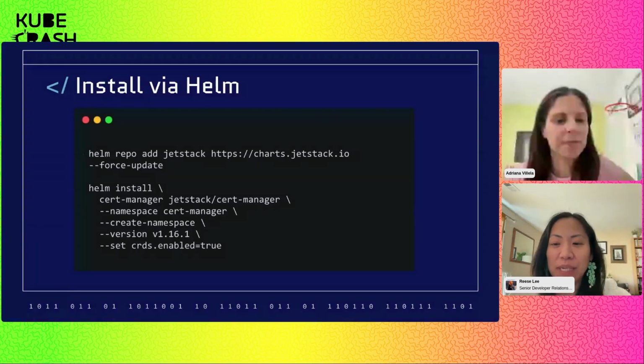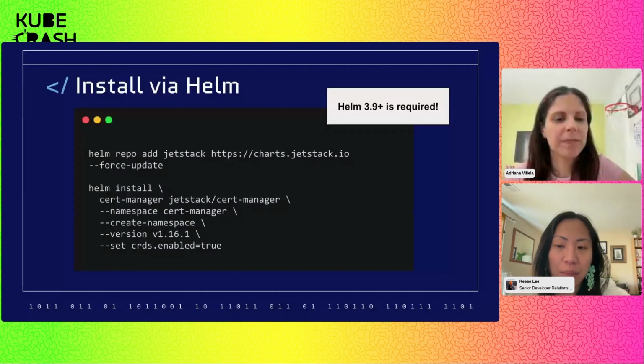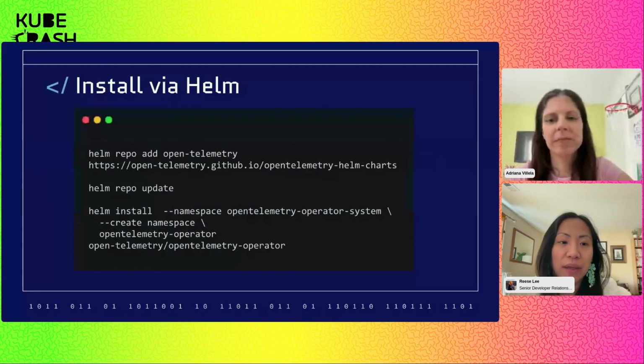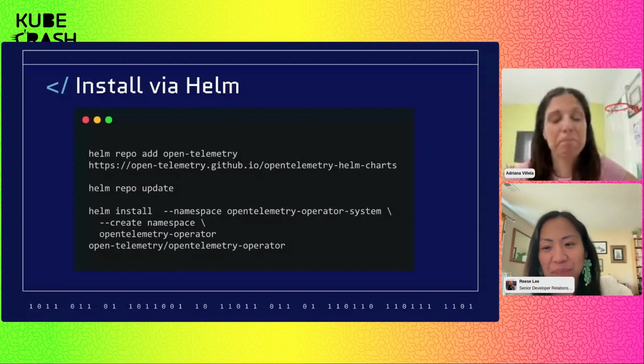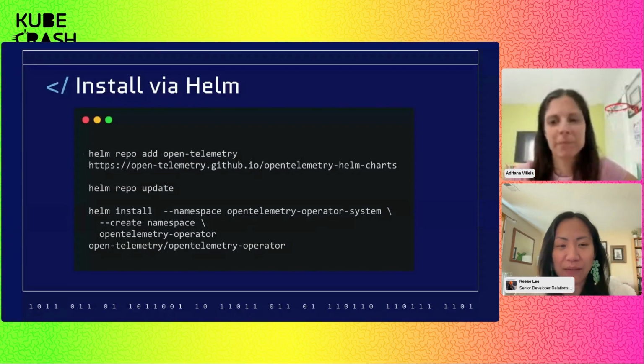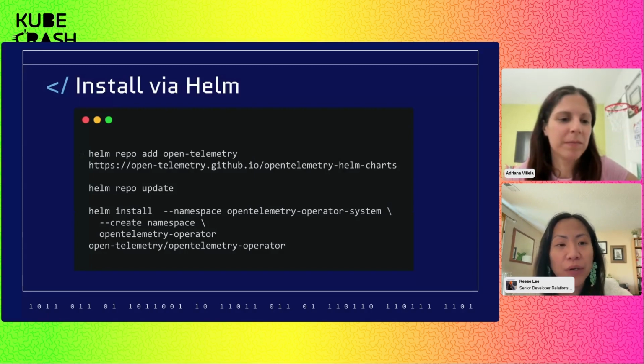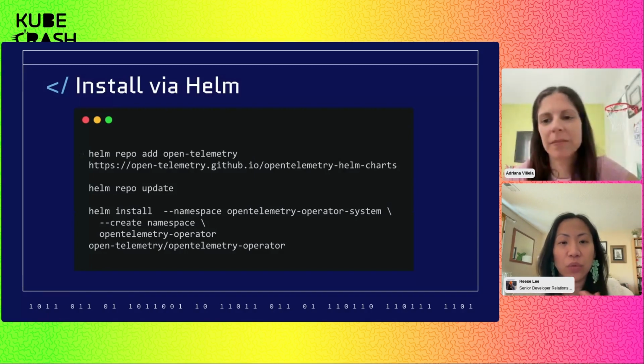And this step will take up to a few minutes, but once that's done, you can install the operator using these commands. And yes, we're kind of just going through them, but this deck will be available for you to reference afterward. We just wanted to include them so you have something to reference. Do note that in either case, you have to wait for Cert Manager to finish installing before you install the operator. Otherwise, the installation will fail.